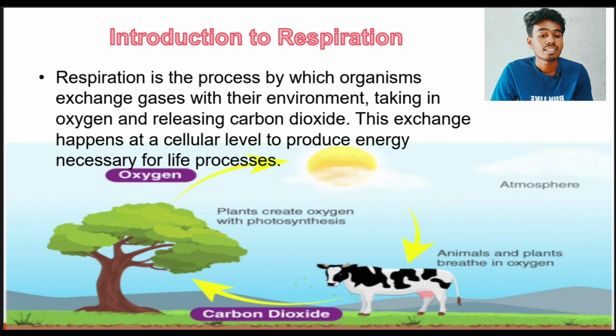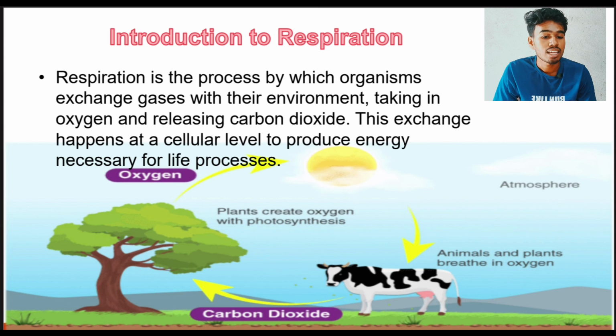This exchange happens at the cellular level to produce energy. Where does it happen? Inside the body, where cells, tissues and organs are present and produce energy. This energy is required for the functioning of the body of living ones.